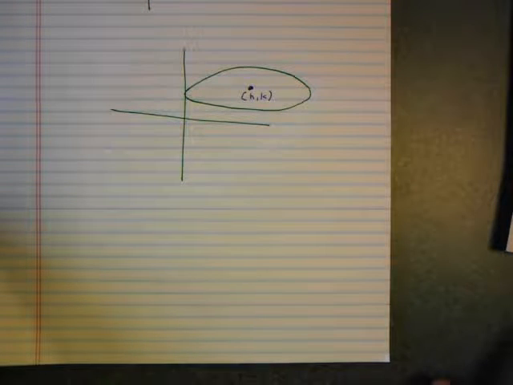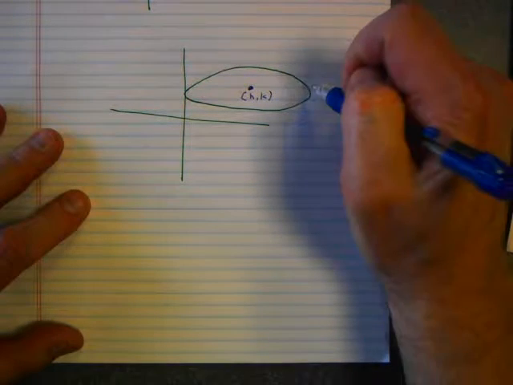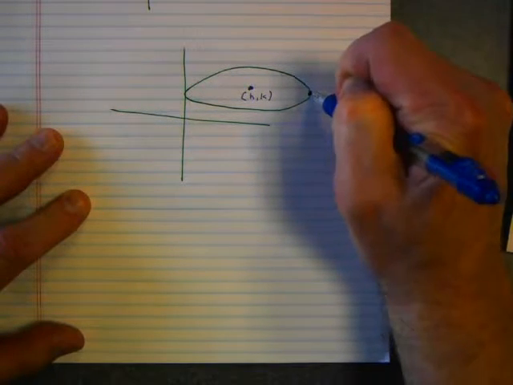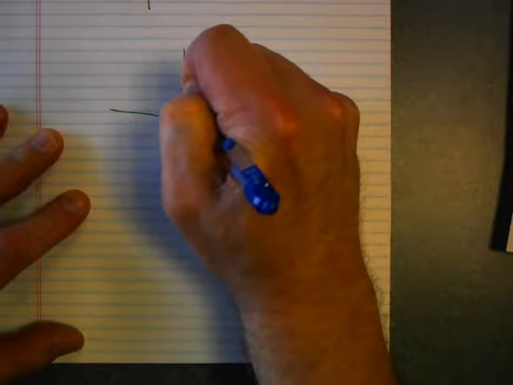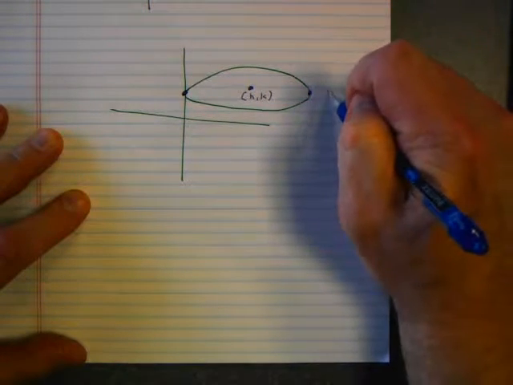Then we have two vertices. These points right here, this point and this point, are called the vertices.